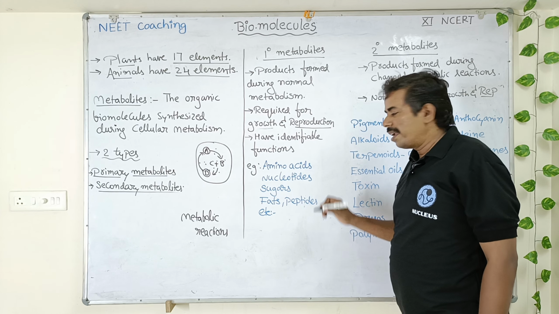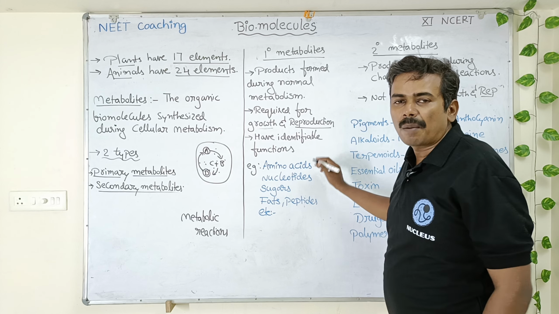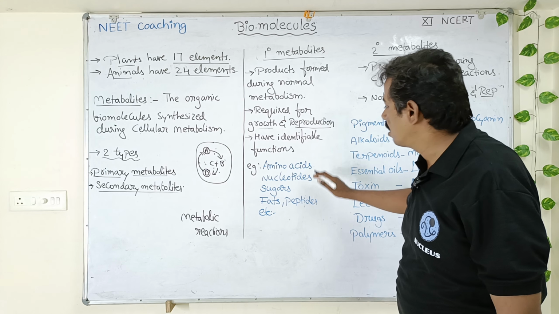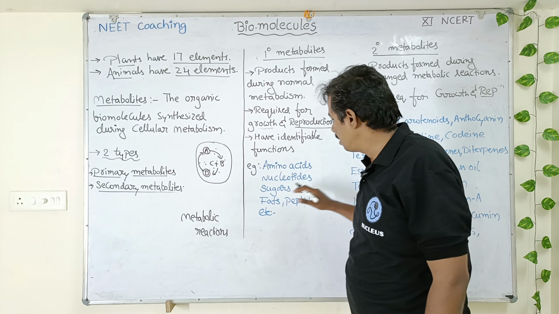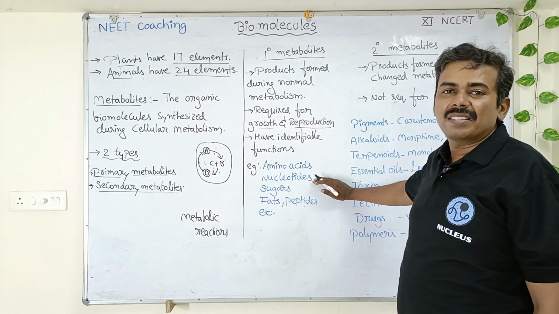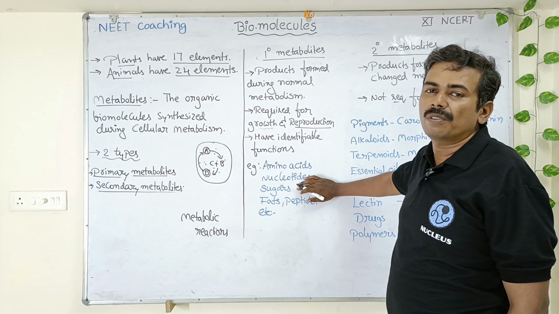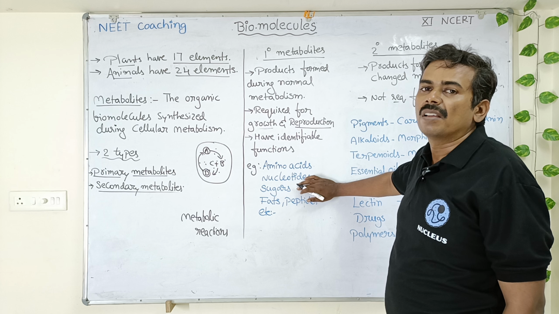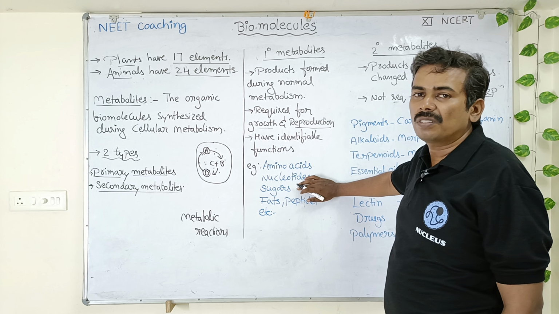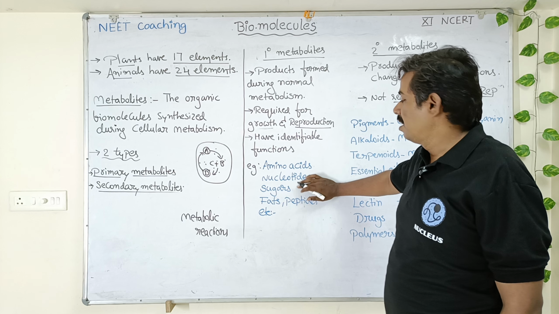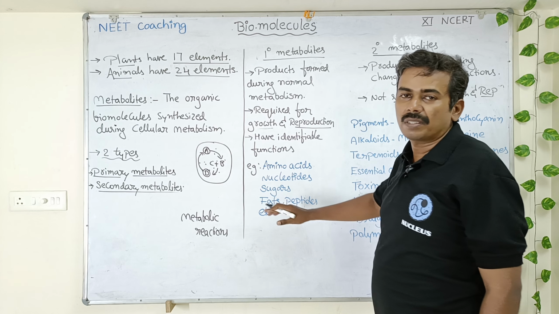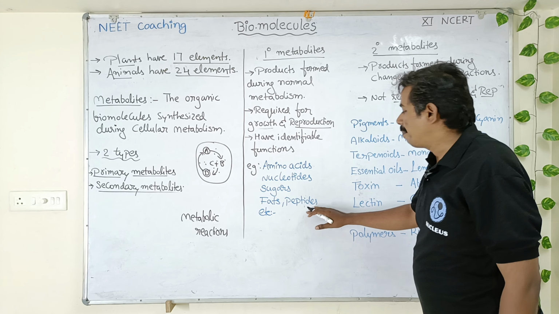Examples of primary metabolites are amino acids, which are building blocks of proteins. Nucleotides, they are present in the nucleic acids, DNA and RNA. Sugars, these are the molecules which are present in starch, cellulose, this type of polysaccharides, and fats which are present in oils, and also peptides.